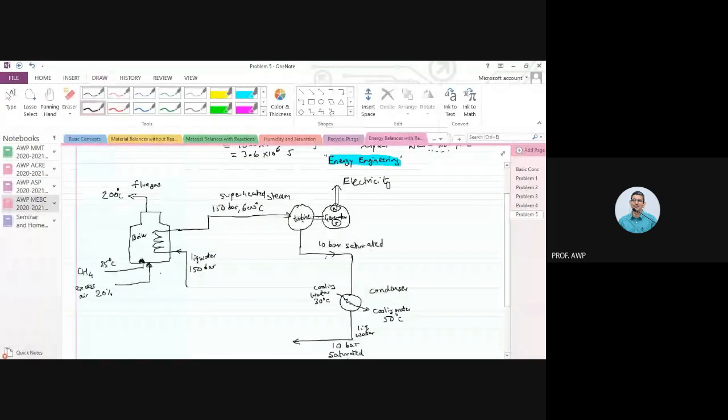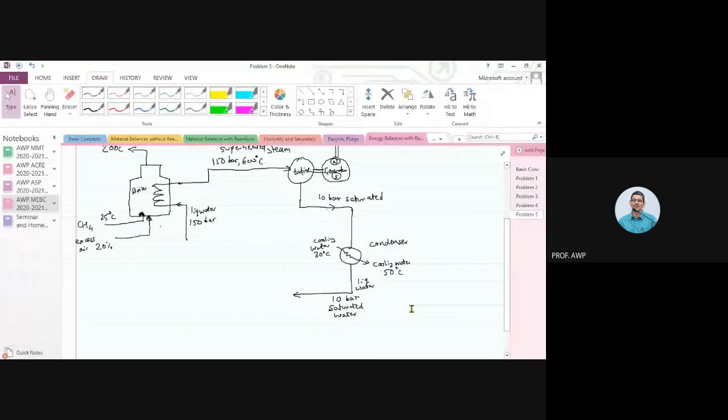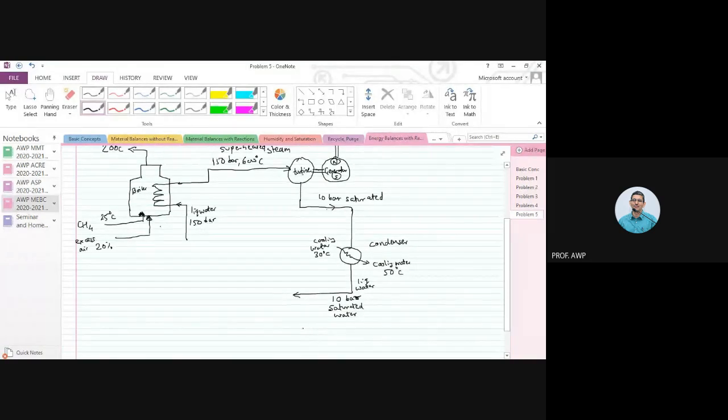We condense this in a condenser and we get back 10 bar saturated water. Now what do you think we should do to this 10 bar saturated water? I want liquid water at 150 bar from this 10 bar saturated water. What should we do?